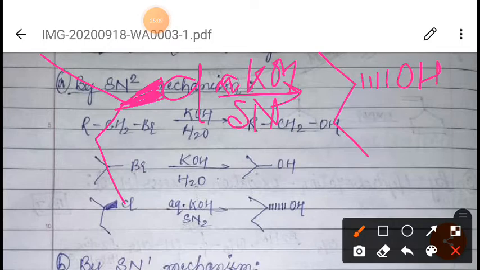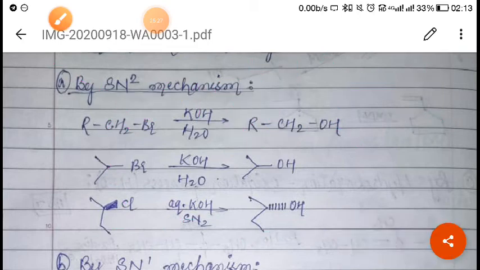Since an SN2 reaction is taking place, if it is above the plane, it will be below the plane, right? So as you can see here, this is an example.